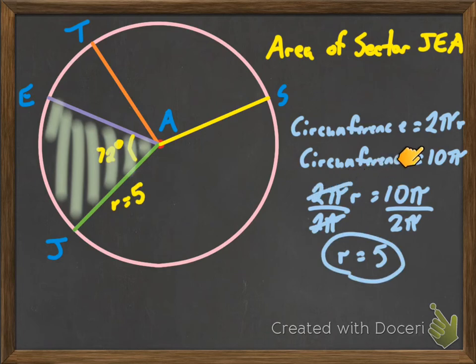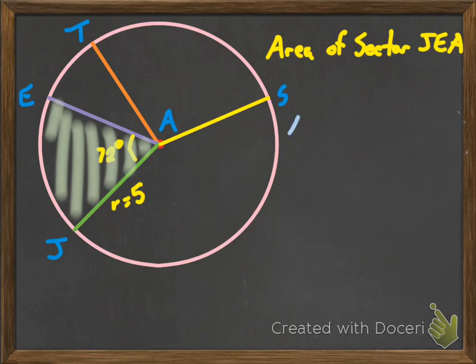I know this circumference is 10 pi. If I set 10 pi equal to 2 pi r and divide both sides by 2 pi, all of a sudden I know the radius has to be 5. That makes sense, right? So if the whole circumference is 2 pi r, then 2 times 5 is 10, so that's 10 pi. Okay, but now I need to figure out the area.